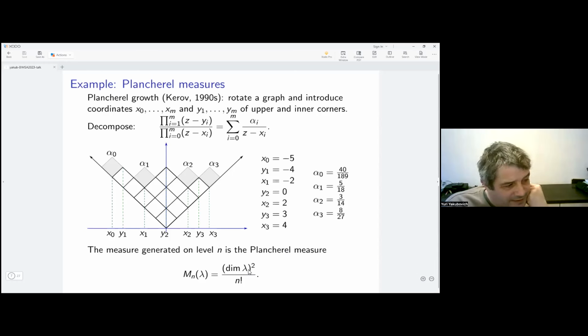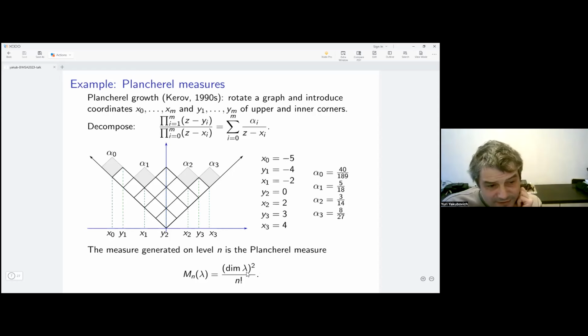Partitions, among other things, index irreducible representations of symmetric groups, and this dimension is the dimension of the corresponding representation.